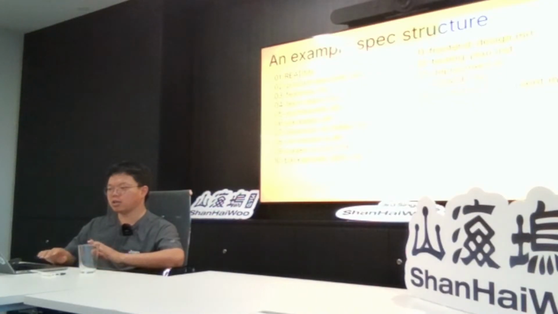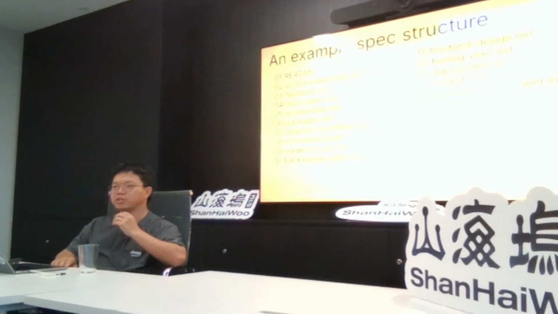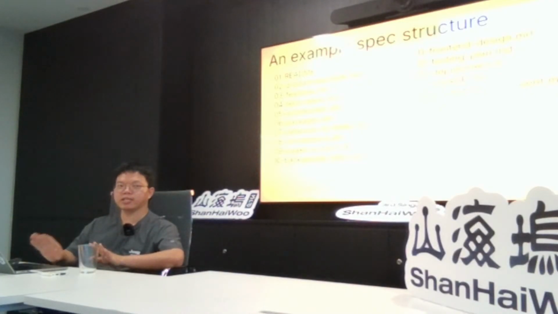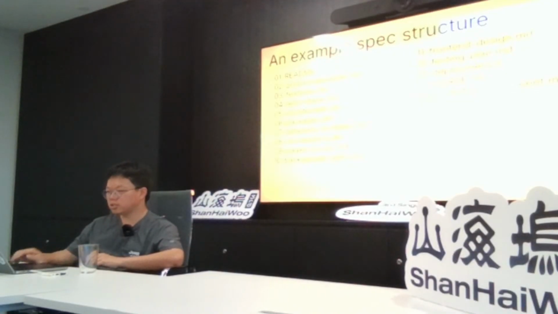So with this structure, you are maintaining a source of truth for the application, and every time you would like to change any code, you will update the document first, and then you can ask AI to check if the application follows the description in the document.